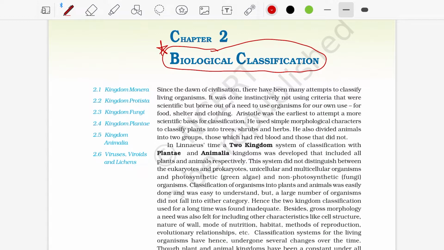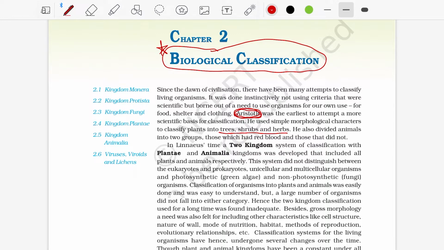Aristotle was the earliest to attempt a more scientific basis for classification. So the first person who tried to classify organisms was Aristotle. Just remember that. He used simple morphological characters to classify plants into trees, shrubs and herbs.